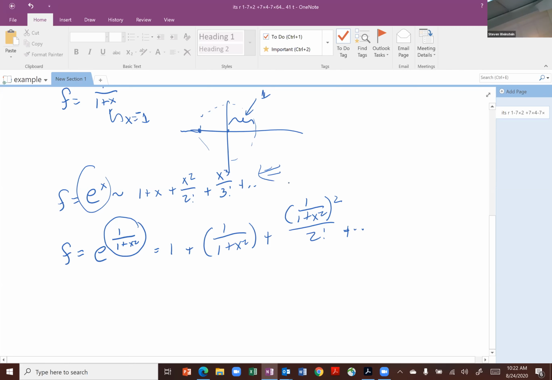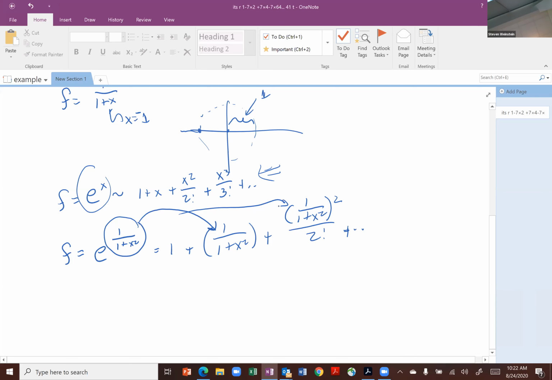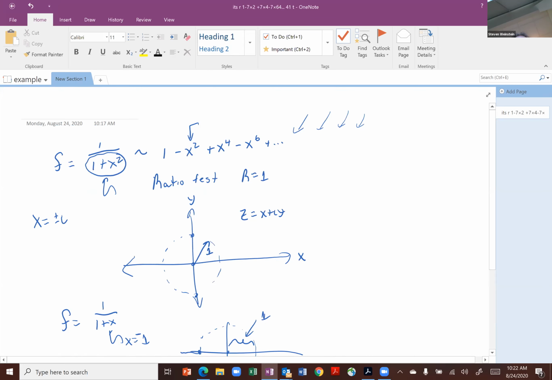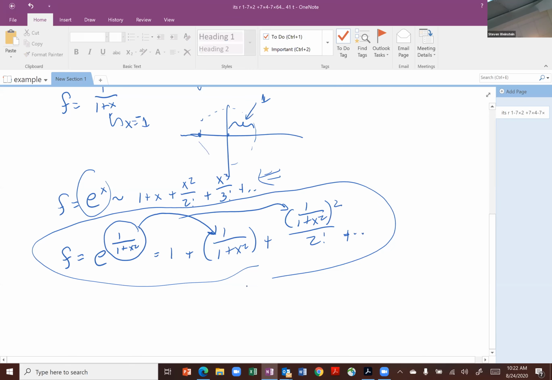You can go to any x value and it will always work. If I write e to the 1 over 1 plus x squared, and I just form this composite function right here, and just put this in here, even though 1 over 1 plus x squared actually has its own radius of convergence, because I haven't expanded it, this series right here will also have an infinite radius of convergence.